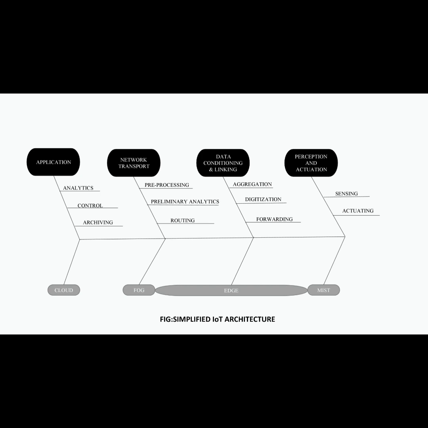So this is the simplified IoT architecture which consists of cloud, fog, edge and mist. As we already know what cloud is, it is used for analytics, controlling, archiving.